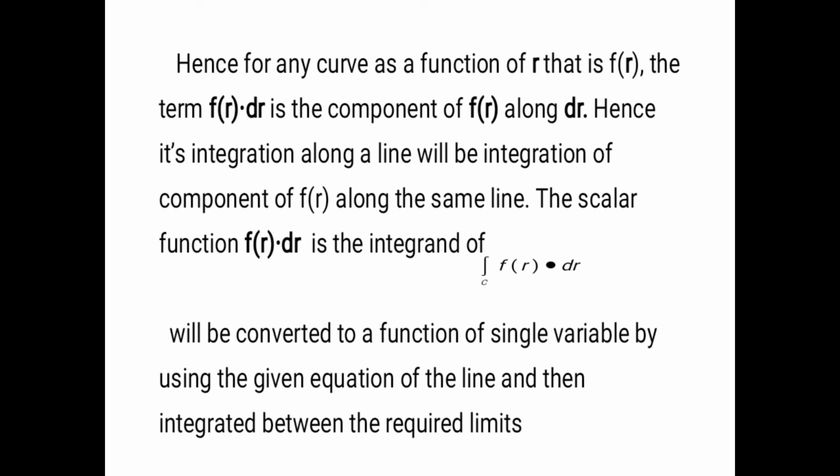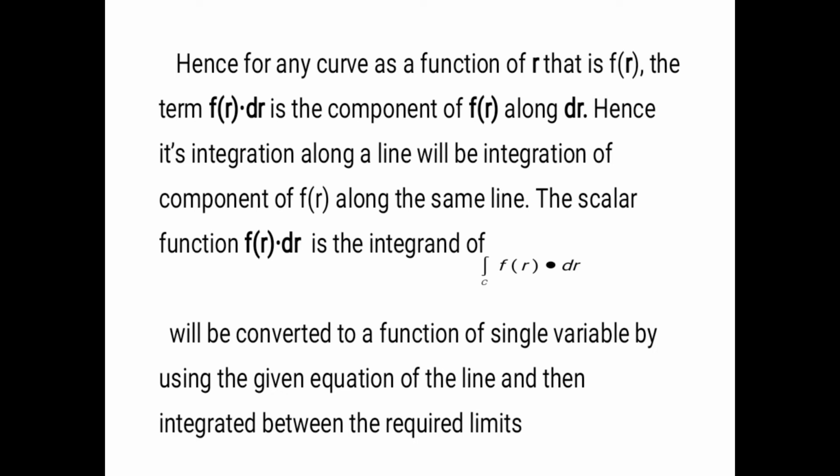The scalar function f of r dot dr is the integrand of integration over c of f of r dot dr, and this integrand will be converted to a function of a single variable by using the given equation of the line, that is along which we need to integrate.